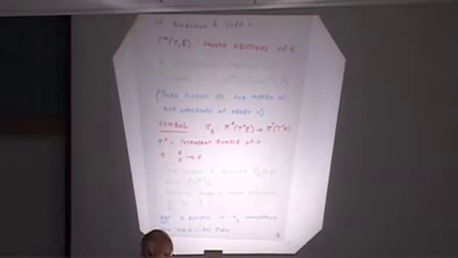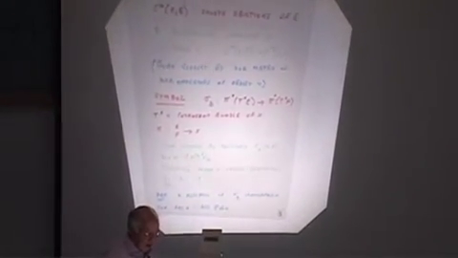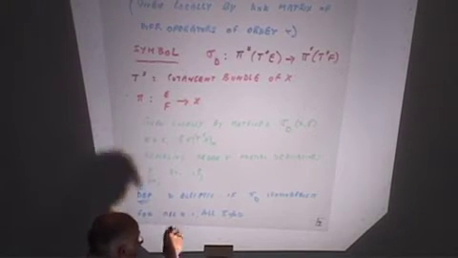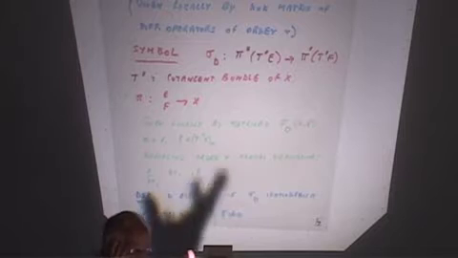You have bundles E and F over X. Then you have the cotangent bundle T star of X. You pull back the bundles E and F to the cotangent bundle, and then there you have a map which you call the symbol. So just forget the notation, this is wrong what I've written here. The symbol is a map of the lifted bundles depending on the cotangent vector at that point.